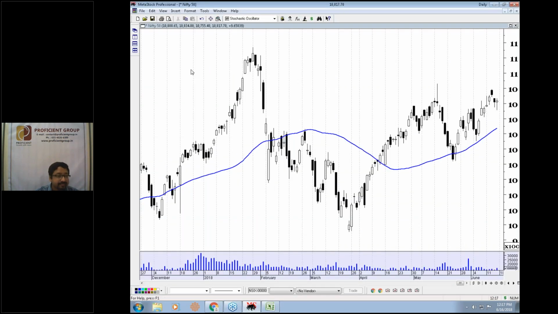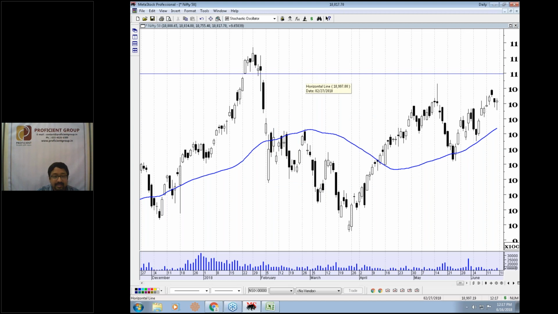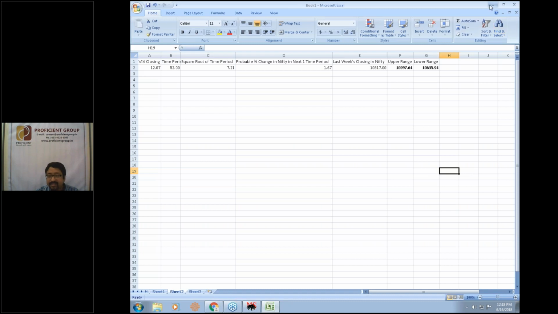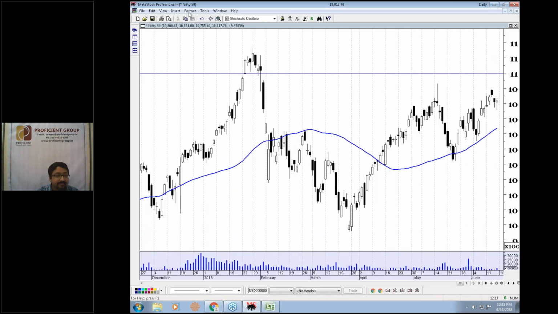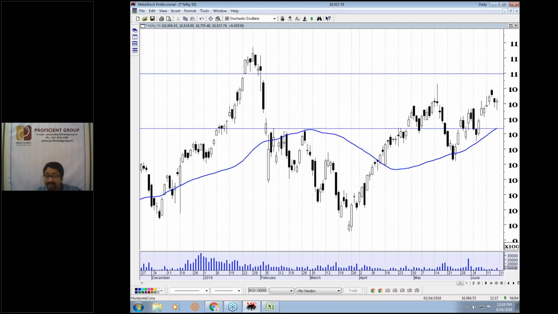So 10,997 is the upward range for Nifty next week, and 10,635 is the lower range of Nifty.